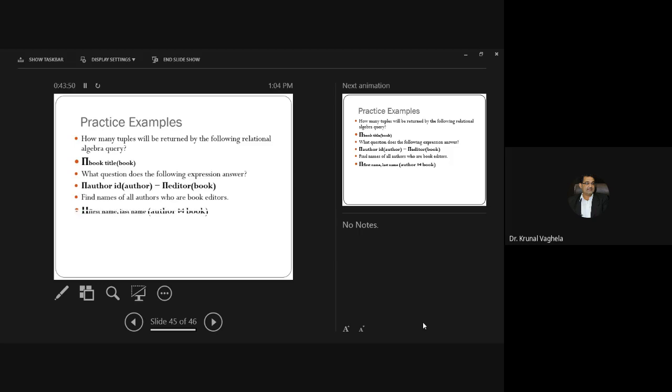This is the third. Sorry, I saw the answer. Find names of all authors who are a book editor. So this is the answer. Find names of all the authors who have at least 1 publication in the database. How many tables?